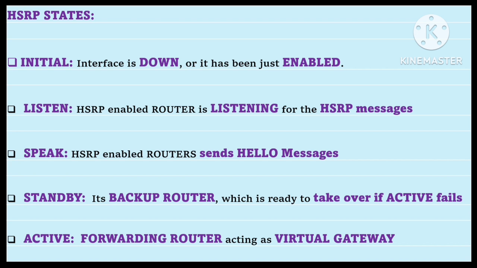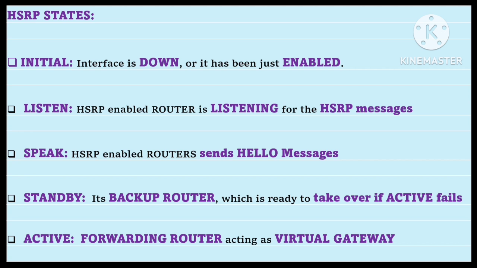Listen state is where the router listens for the HSRP hello messages, and the speak state is the state in which the routers in the group start sending hello messages with the priority number and other details. Then the standby router is a backup router, which is ready to take over if the active router fails. This happens after the election process begins.